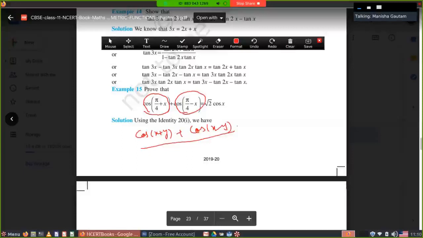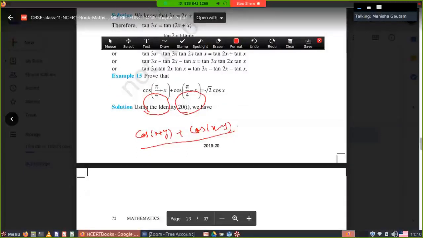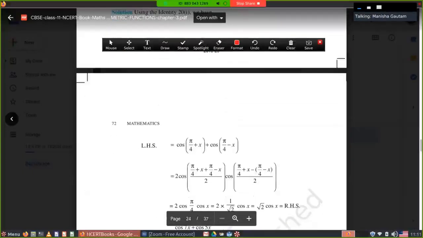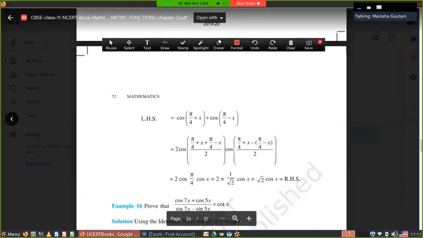Now see the formula which is applied here, that is cos x plus cos y. I have told you cos x plus y and cos x minus y, you can apply that formula and get the answer that way also.